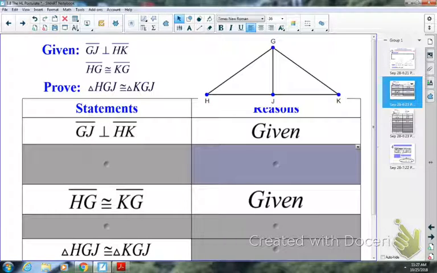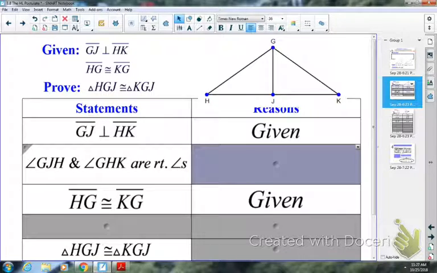Okay, so starting from the beginning here, if we start with the given, if segment GJ is perpendicular to segment HK, when you have perpendicular lines, what do you have? Right angles, okay?